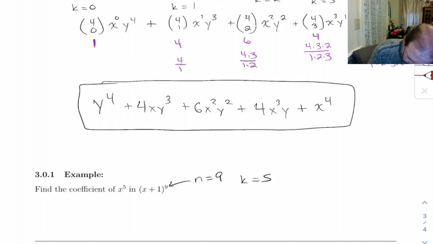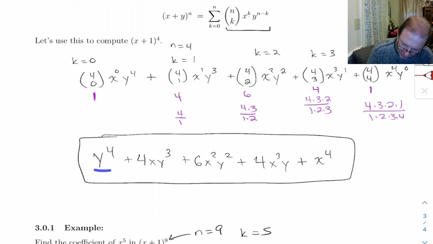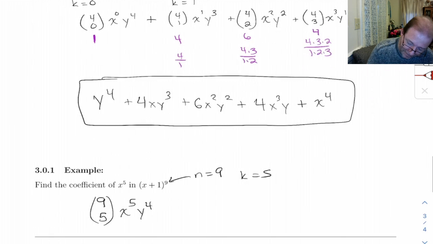What we're looking for here is the term that looks like this: 9 choose 5, x to the 5, and then the power of y on there is going to be 4. I didn't mention that before, but notice that on all of these terms the exponents of x and y add up to n.